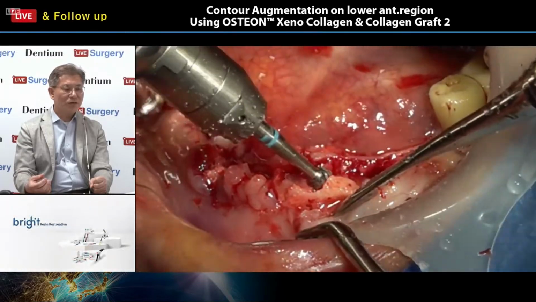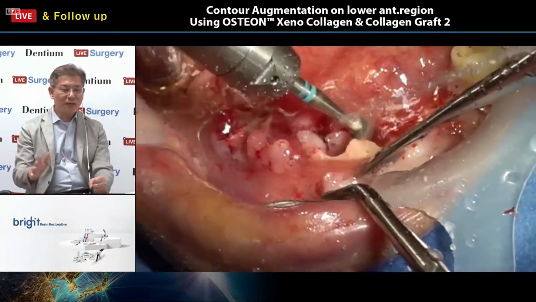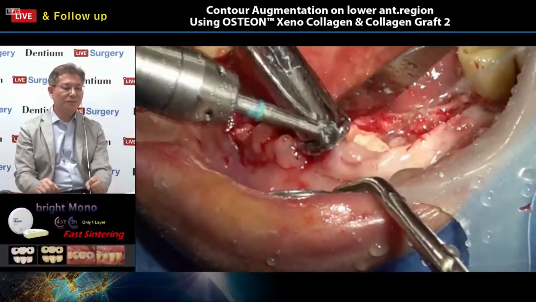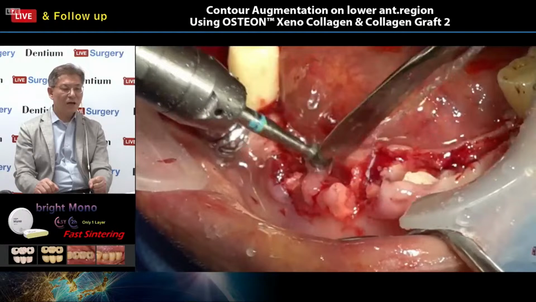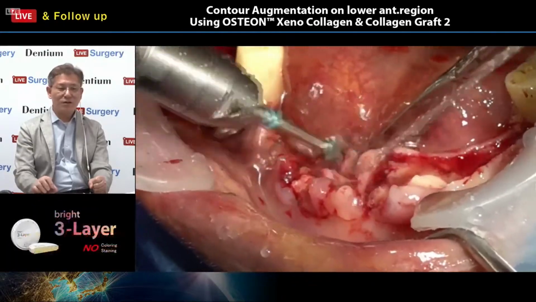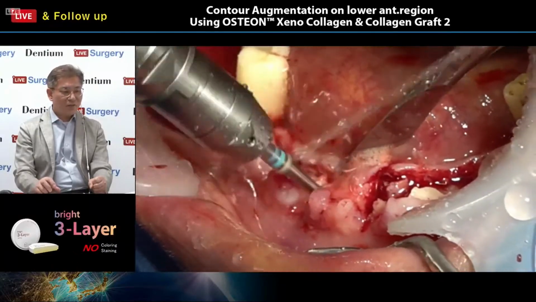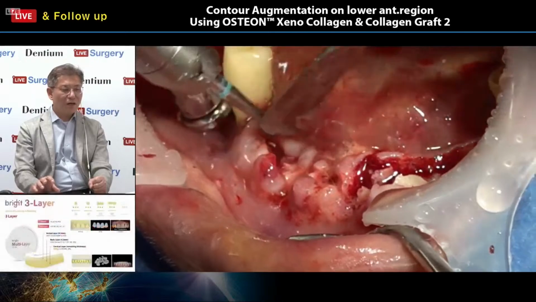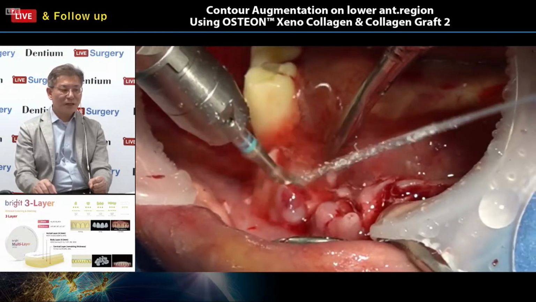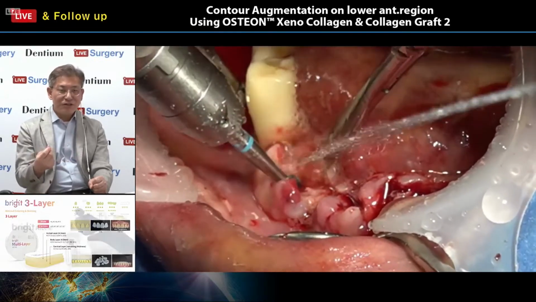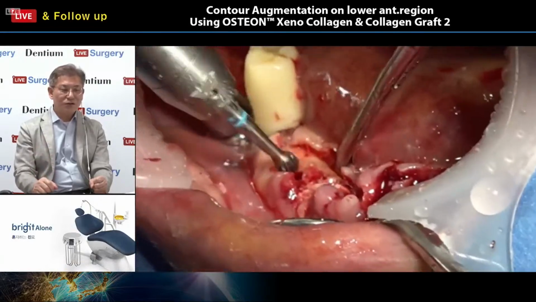And this round bar is also used for smoothing, removing bone spicules and irregularities. I love this round bar also. So for me, I prefer to use the round bar from the Sinus Simple Kit. The Sinus Simple Kit has the matchstick style, the black head, the long shank round bar.